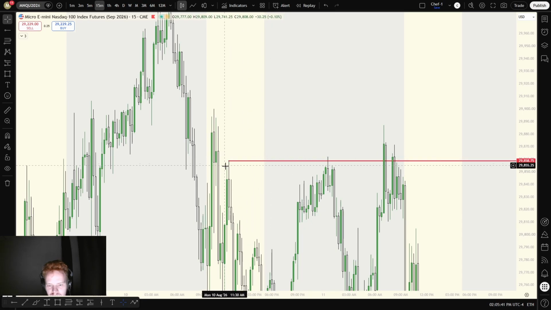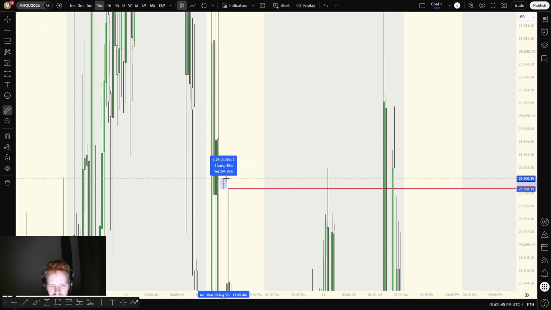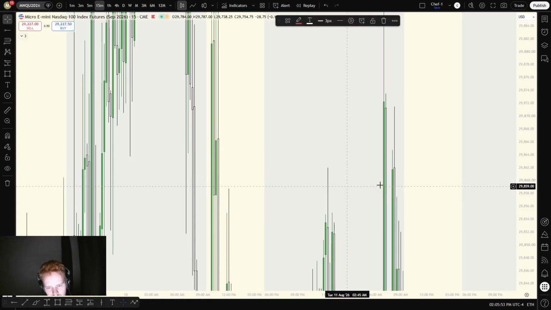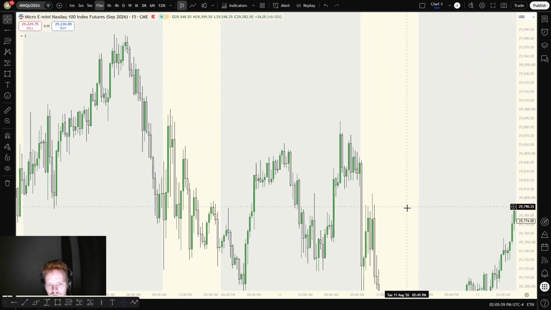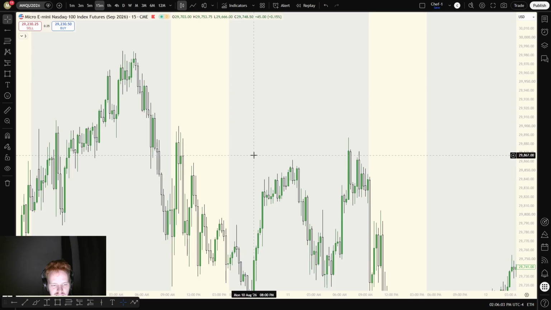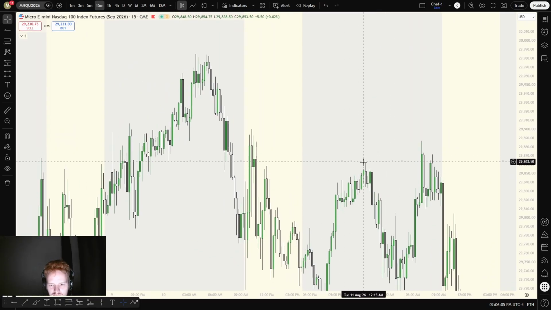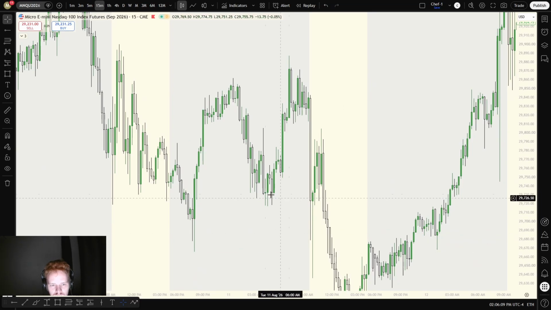It took this high, meaning that any liquidity above here was taken by this high. So sellers were absorbed there. Therefore, there'd just be less at this level. But it doesn't mean that this high cannot be used as liquidity. But we do draw there. We take it out. Boom.